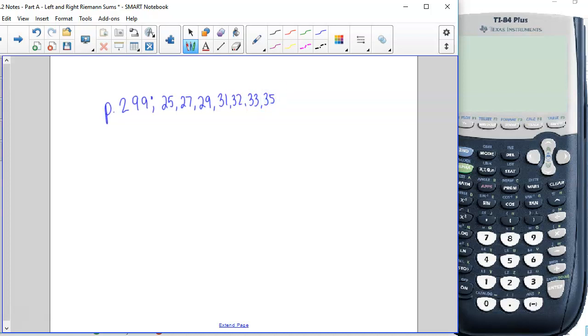And for these, you are welcome to use your calculator or Desmos, so that you do not have to calculate all of those by hand.